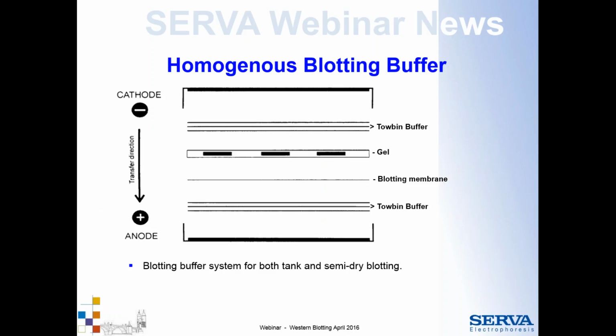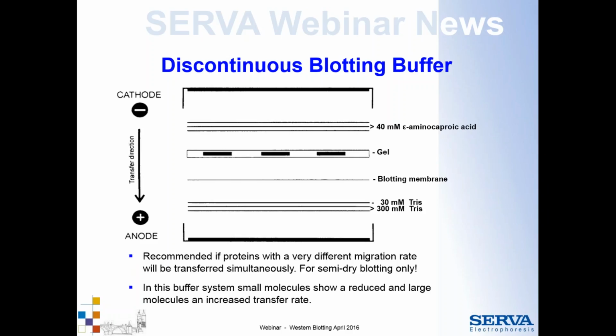So for blotting, there are different blotting buffer systems. The homogeneous blotting buffer system is the well-known Towbin buffer. This blotting buffer system can be used for both methods, the tank and the semi-dry blotting. The other one is a discontinuous blotting buffer system, where the buffer at the cathode is different from the buffers at the anode.